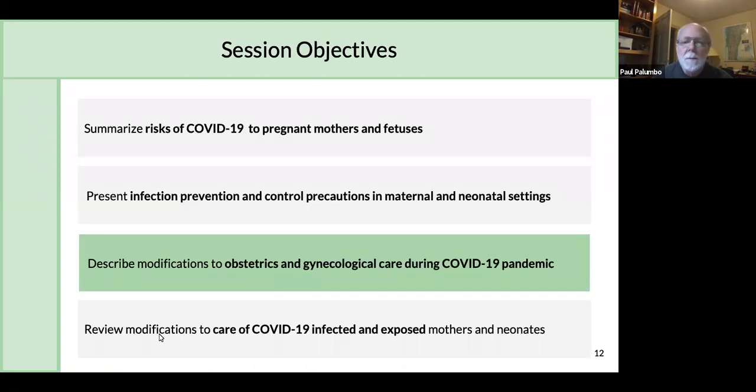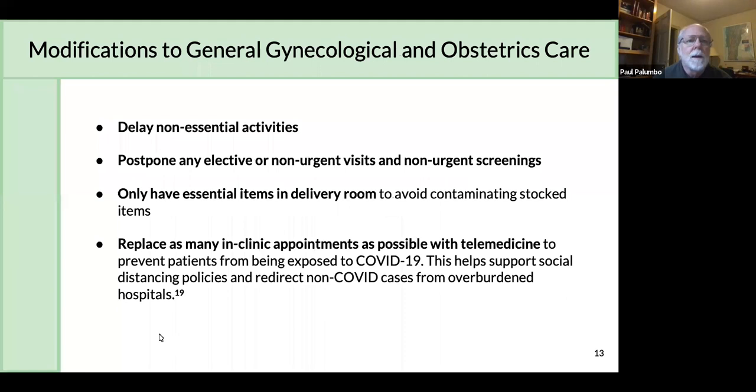So let's move on to OB/GYN care during this pandemic. Some things that we can do, basically change our standard medical practice by delaying non-essential activities, postponing elective or non-urgent visits, only have essential items in the delivery room to avoid contaminating stocked items.